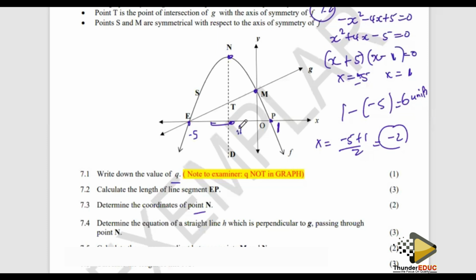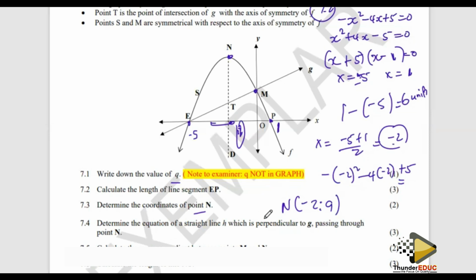Okay, and then with this negative 2, I just have to substitute it into the original. So negative, negative 2 squared minus 4 times negative 2 plus 5. Use my calculator. That's going to be negative 4 plus 8, and then plus 5. That's giving me 9. So N is going to be negative 2 and 9.